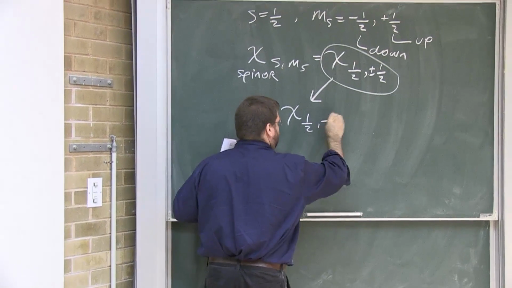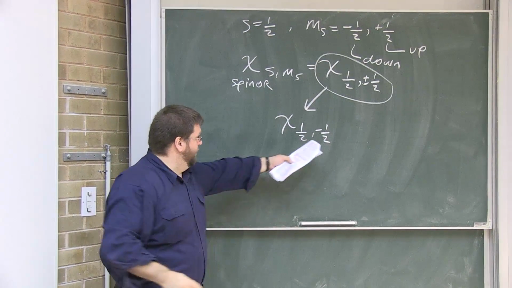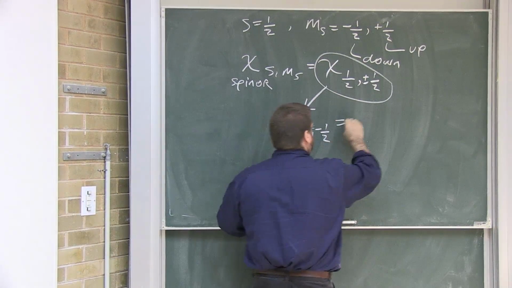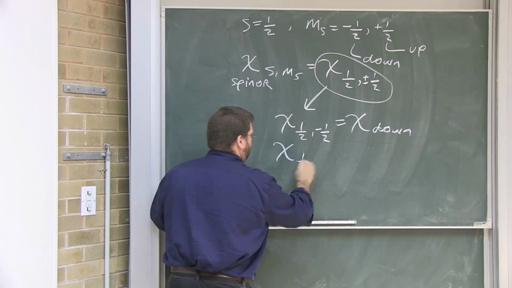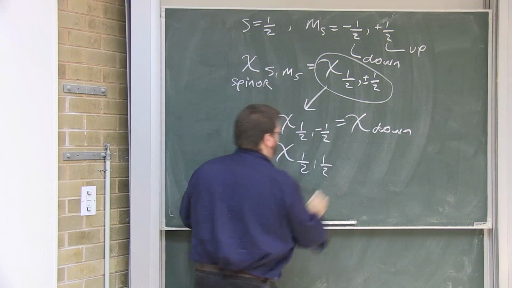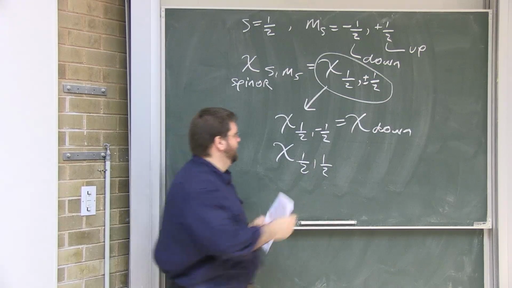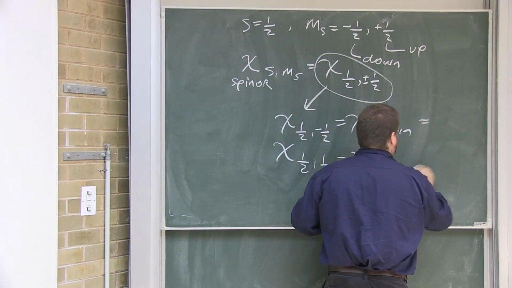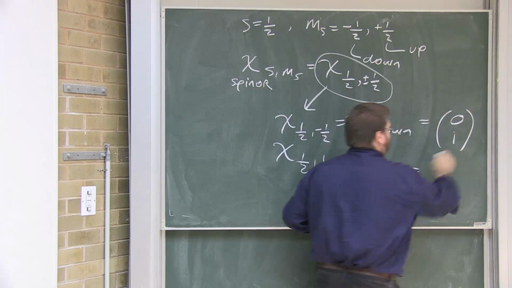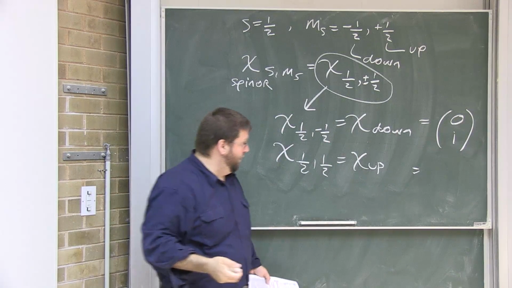So s, m_s, where m_s is pointing down, we'll just call this chi subscript down. And similarly for chi up. And down is going to be represented by this, our two-component column vector.